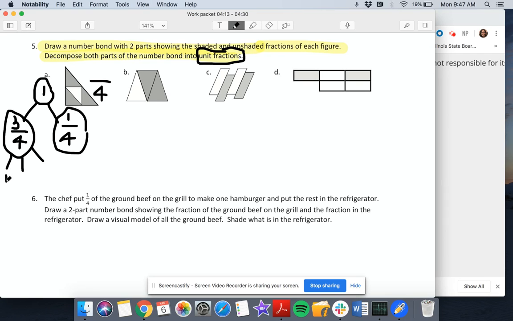Well, I just need to break it apart 3 times to get to this 1/4 3 times. So I have 1/4, 1/4, and 1/4. Okay. And I have 4 total figures and I have 4 numbers, so I know I am correct. Okay. So your job is to do now B, C, and D on your own.